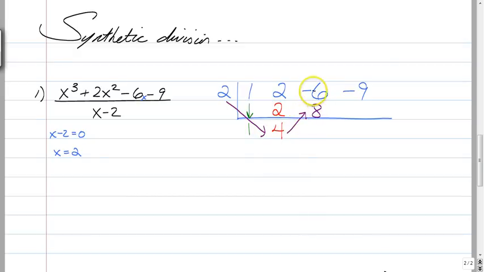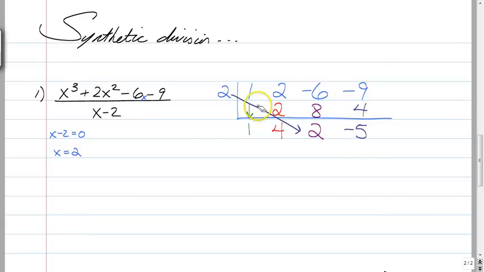Now you add negative 6 plus 8 is 2. And then you go all the way back to the beginning and you do it one more time. So then we have 2 times 2 is 4, and negative 9 plus 4 is a negative 5.